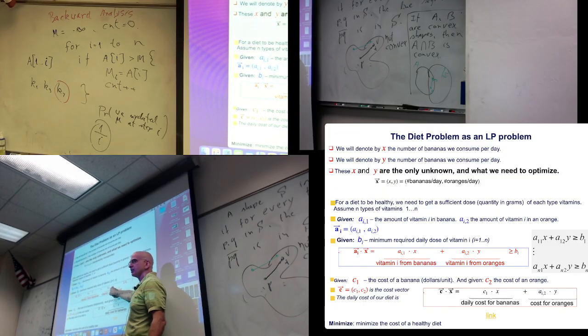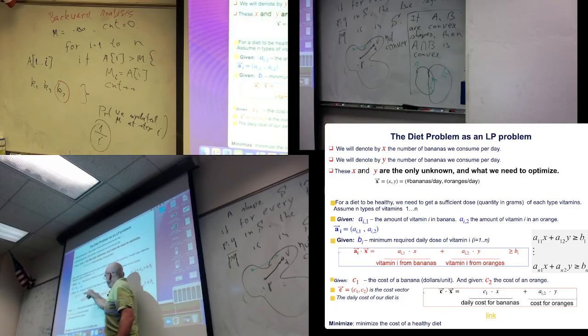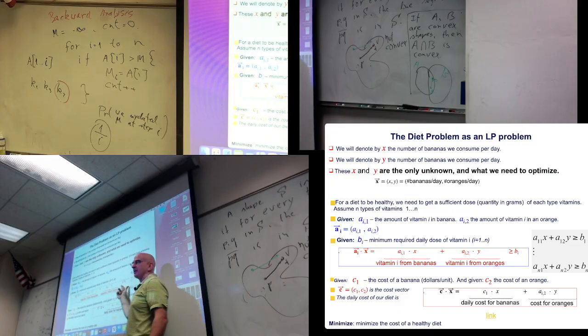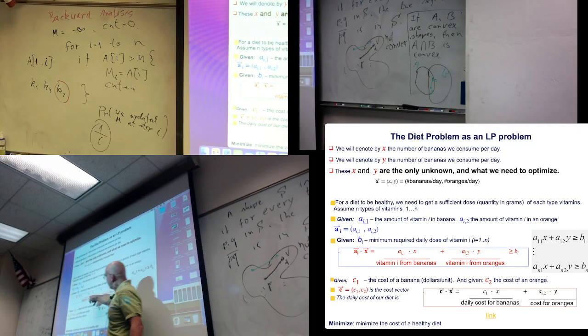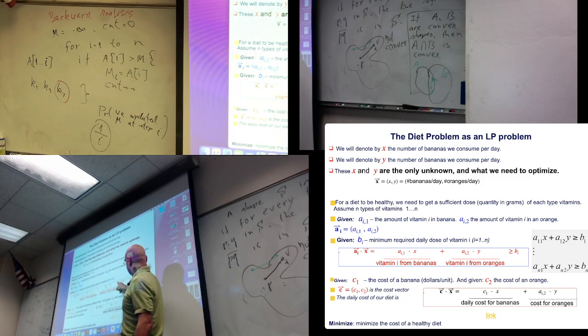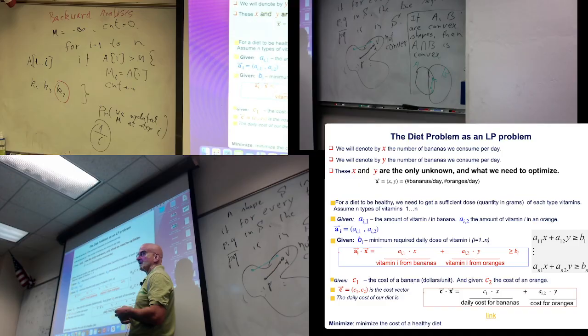I eat 1 orange per day, times 20 units of vitamin i in each of them. I sum up, because it's the same vitamin, and it must be at least b_i. I need to pick x, y such that this condition is satisfied for every vitamin. That is, A_i dot product x must be larger than the constant b_i, the minimum health requirement.